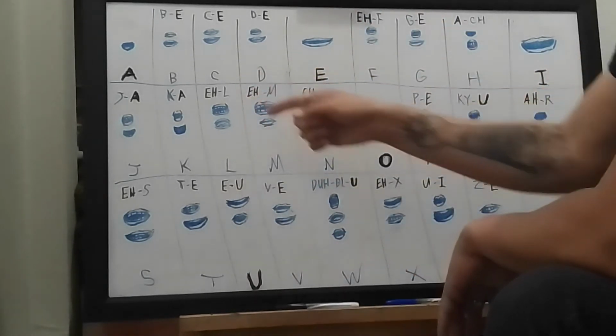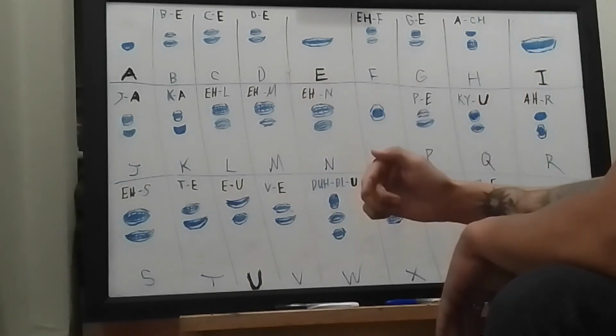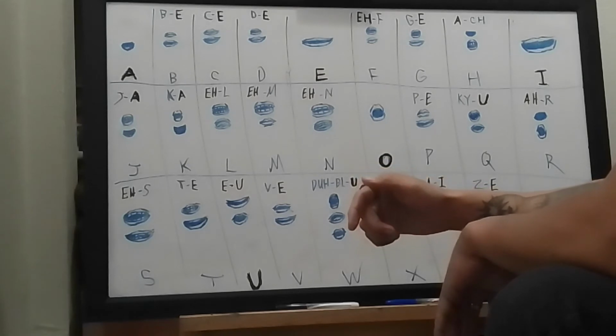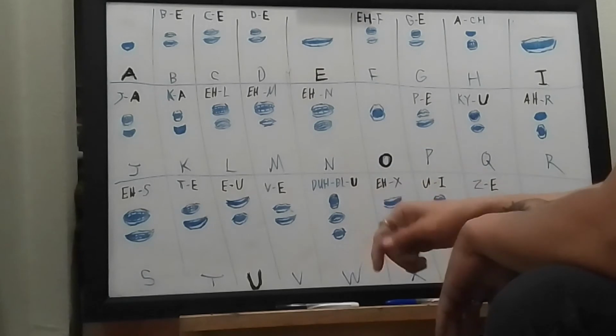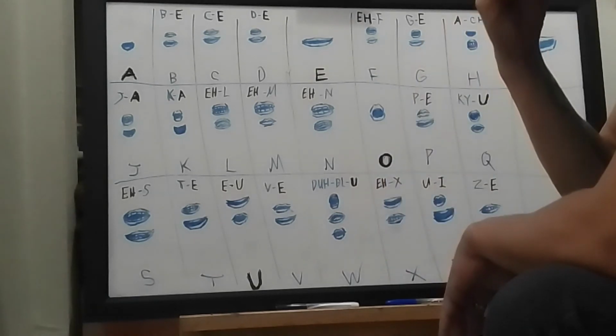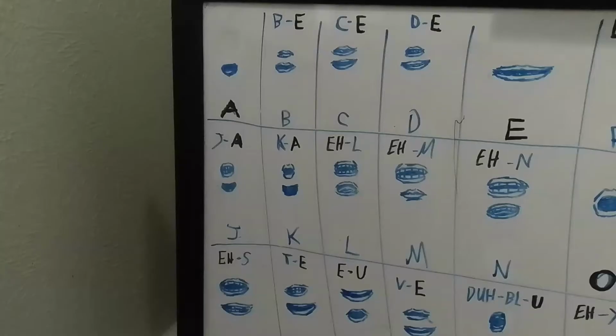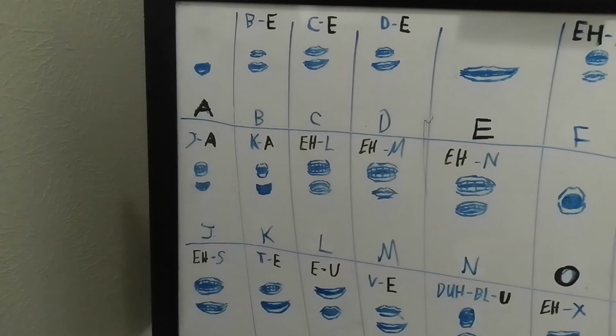And with L, you do a little thing with your tongue. You turn your tongue up a little bit. L, L. And M, E. Your mouth is a little bit closed, a little bit compressed. Lips are kind of pursed in.